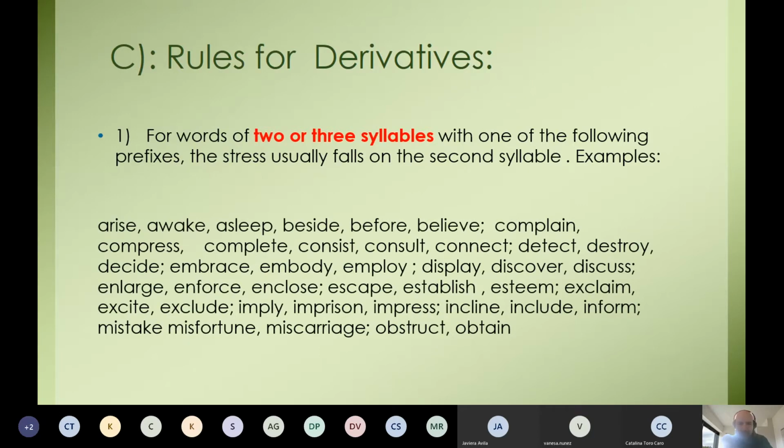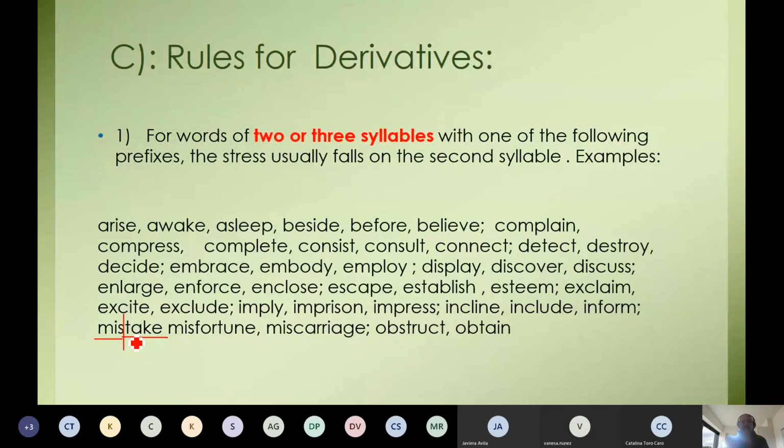We're not going to read them all, but take a look at the last line, mistake. Let's identify the root. The root would be take, right? And the prefix is going to be mis-, in mistake. The prefix mis- is not attracting the stress, so we don't say mistake.